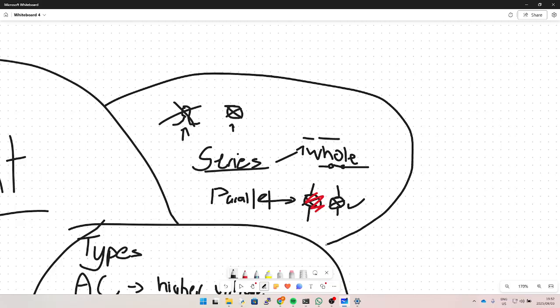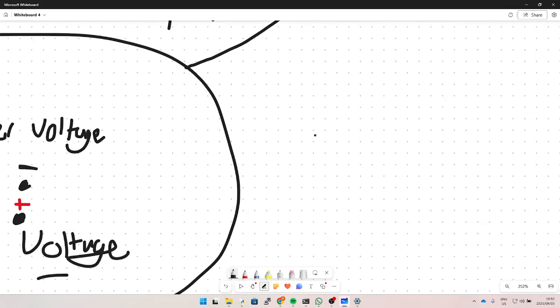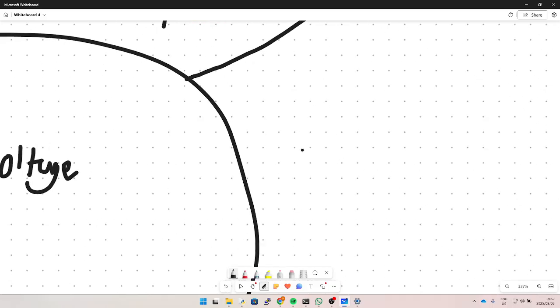Then conductors and insulators. Quite a simple thing. A conductor is obviously good at conducting electricity. An insulator resists current. So, resistance. Every material has resistance. No matter how good a conductor is, it has resistance.